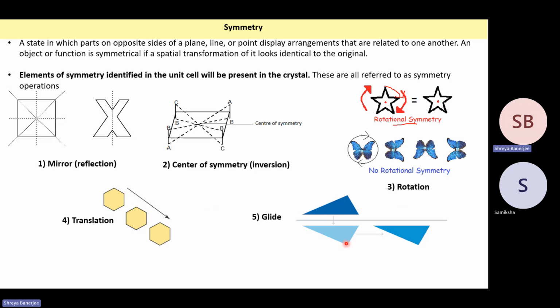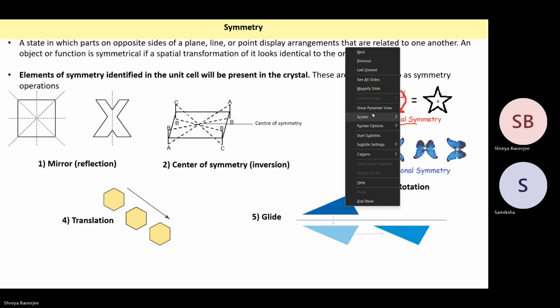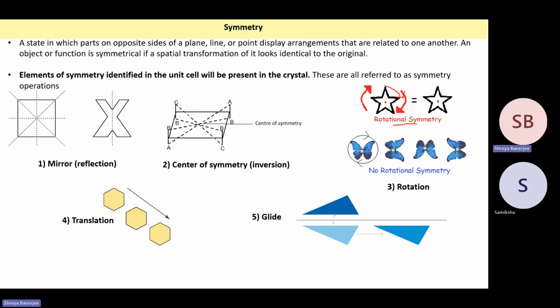And glide symmetry is basically a combination of reflection and translation. So you first reflect this along this plane and then you translate it. Then the relation between these two is said to be glide, which is reflection plus translational symmetry.